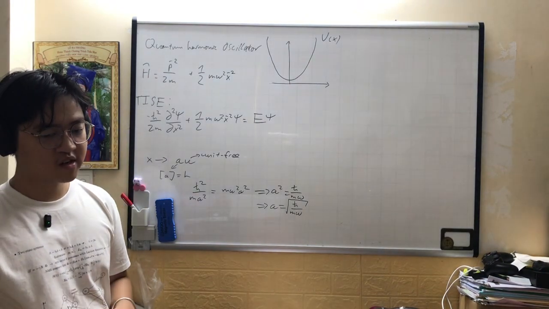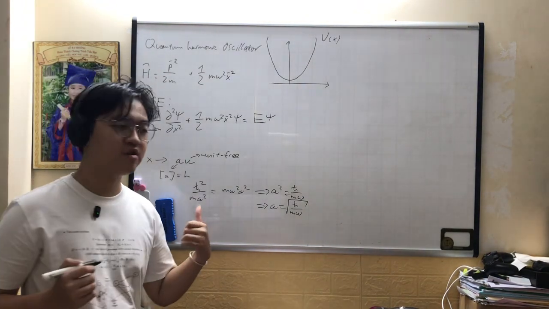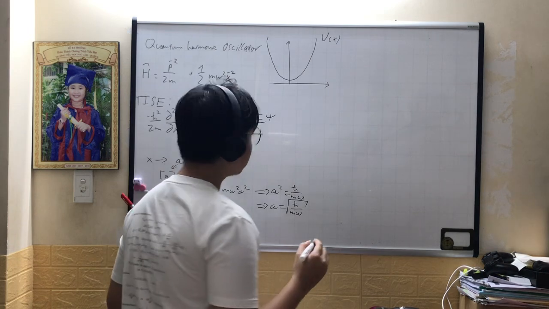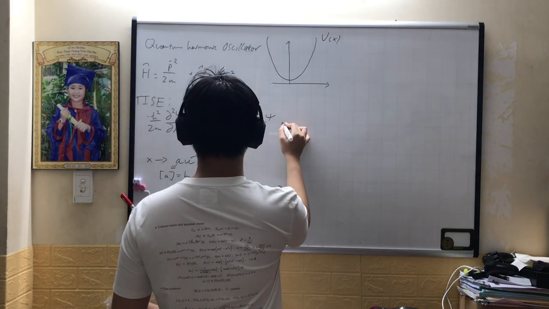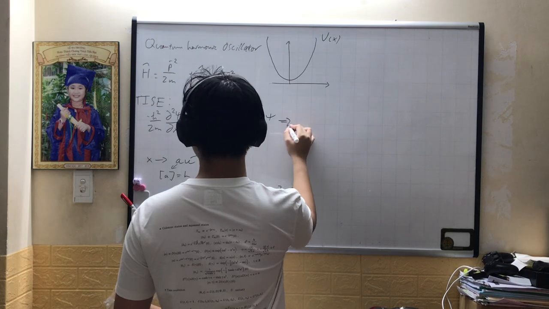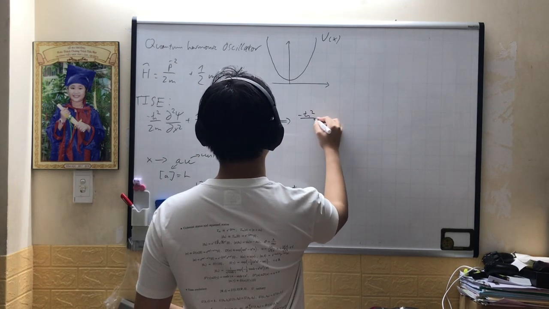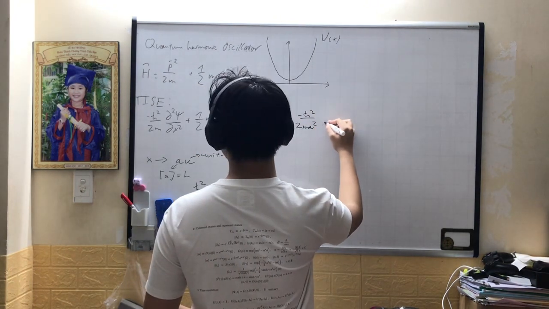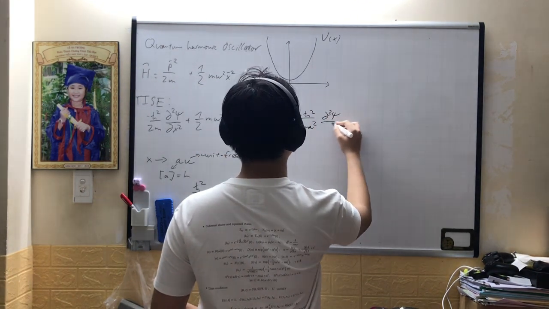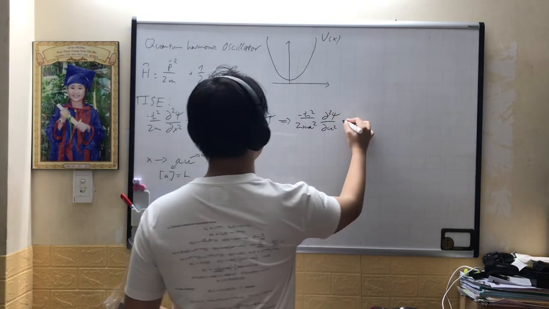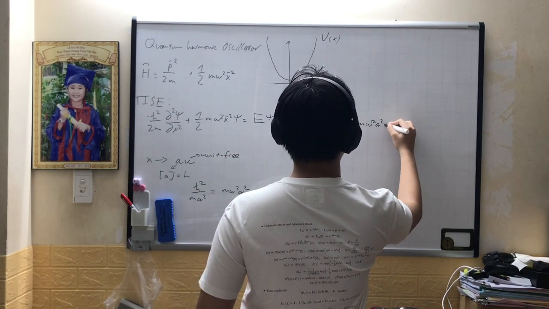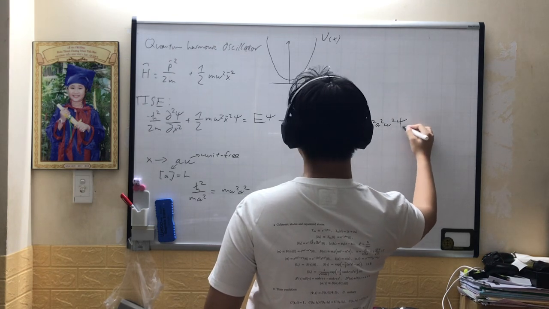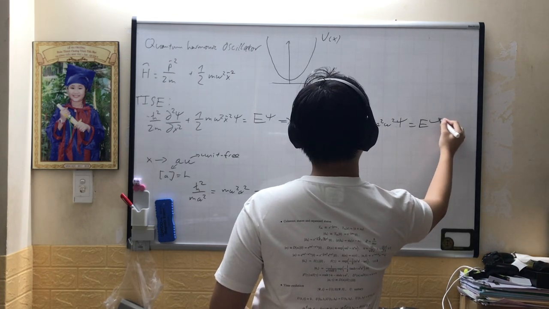Okay, now we're going to hop back to our Schrodinger equation. So from here, h bar squared over 2ma squared d squared psi du squared plus m omega squared a squared u squared psi equal to E psi.